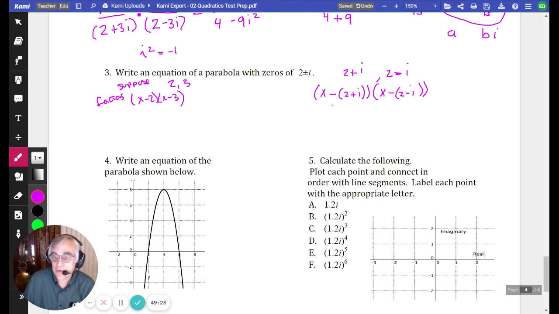And if you actually distribute the minuses in here, you get x minus 2 minus i, and then x minus 2 plus i. And if you multiply these together, you could use the box method. If you can keep track of all your products, you can just do it in your head, and you would get y equals x squared minus 4x plus 5 as a result.